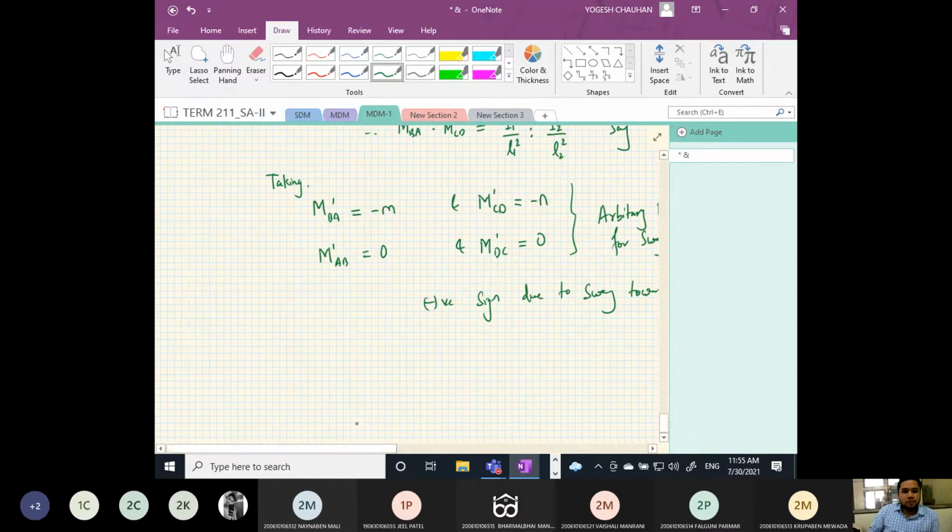The third case might be one end hinged and other end fixed.